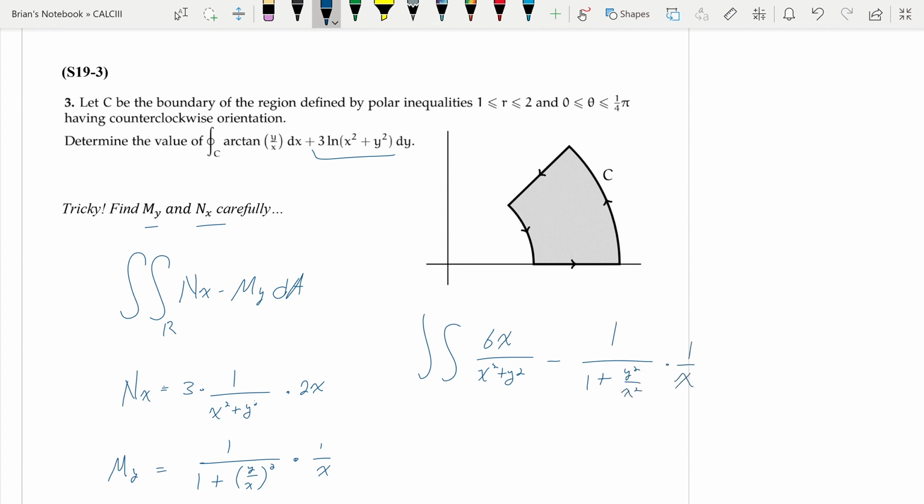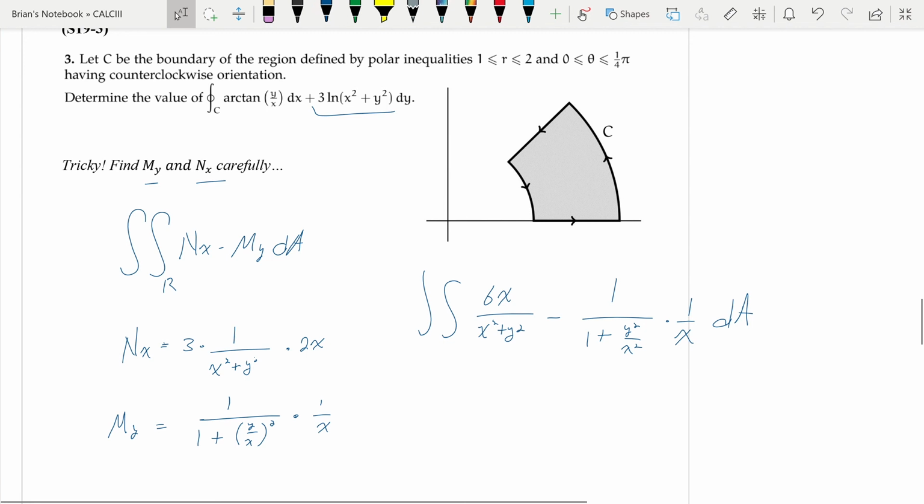Okay, so we want to combine these two terms before we switch to polar. And how we could do that is somehow get common denominators. To get common denominators, I need an x squared plus y squared on this side. So to get an x squared plus y squared, I think I will move that x squared on top, if that makes any sense.